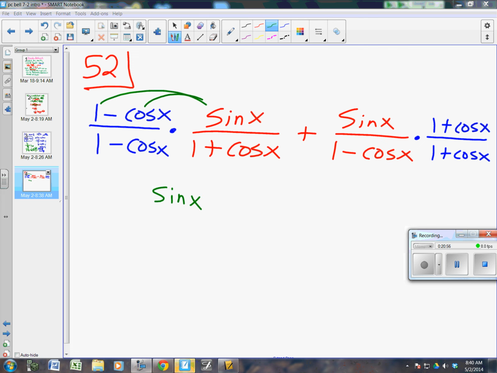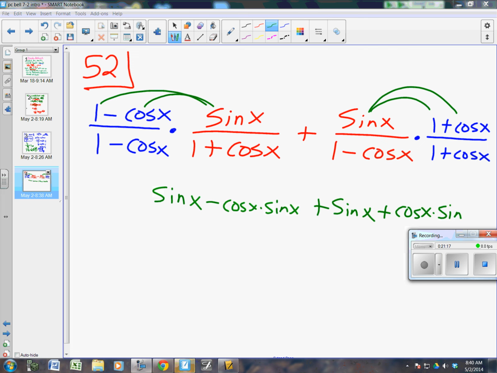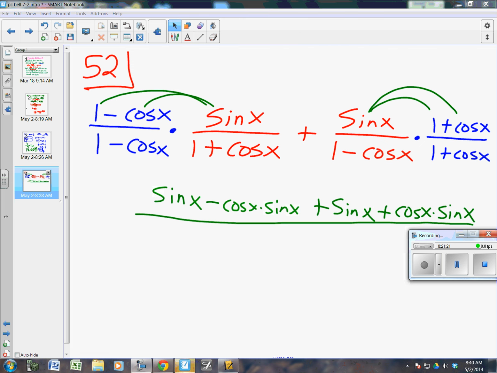And negative cosine of x times sine of x is negative cosine of x times sine of x. Plus, over here, sine of x times 1 is sine of x. And sine of x times cosine of x is positive cosine of x times sine of x. All under this denominator.